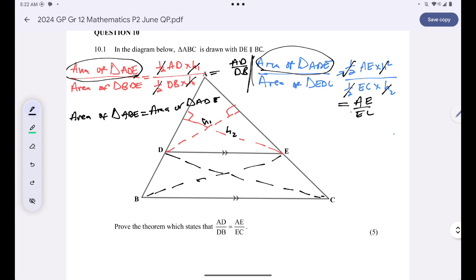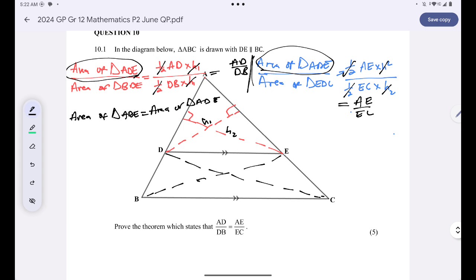So another thing we know is that the areas of triangles which are between two parallel lines are the same, are together.